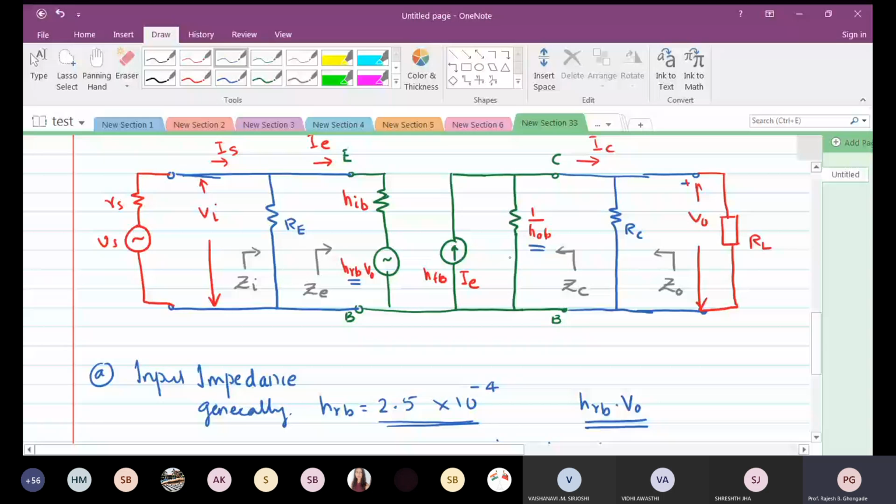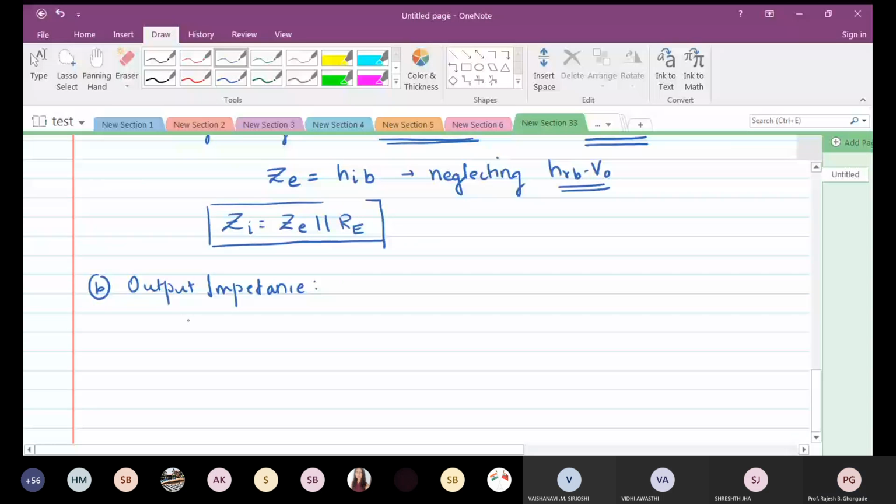What is the value of HOB? What is the typical value of HOB? Go back and see. 0.49 microsiemens. So HOB typically is 0.49 microsiemens. 1 by HOB will be what?